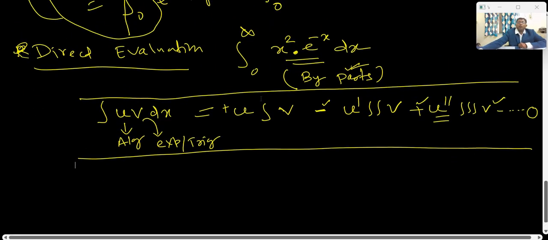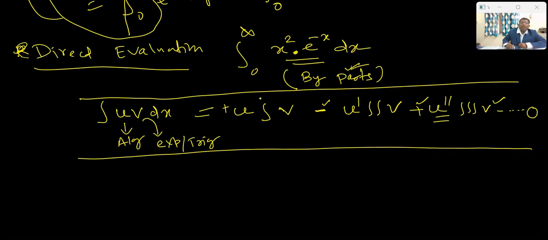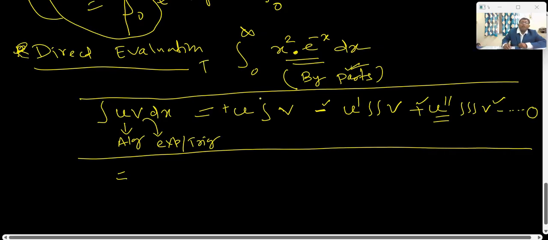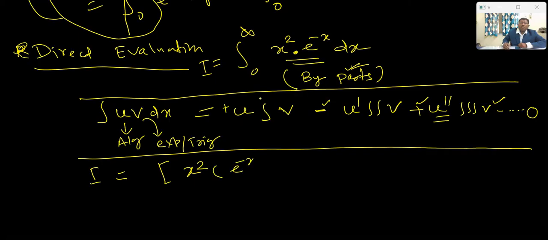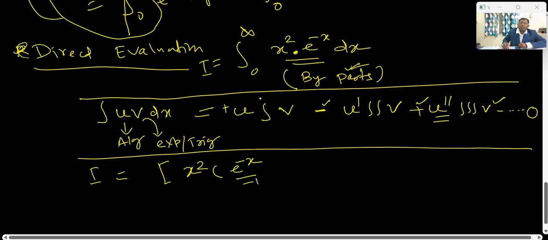So let this integral be I. My integral I becomes x square, remaining silent, integration of e to the power minus x, which is e to the power minus x by minus 1.